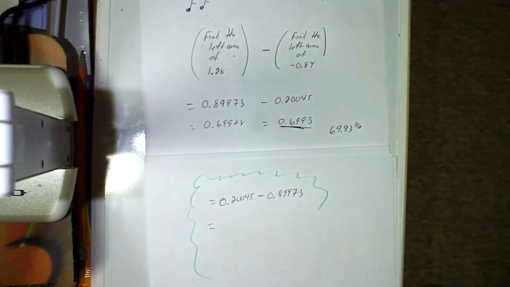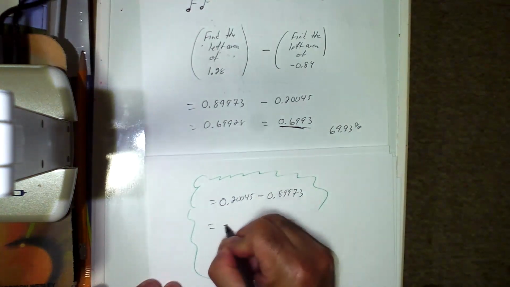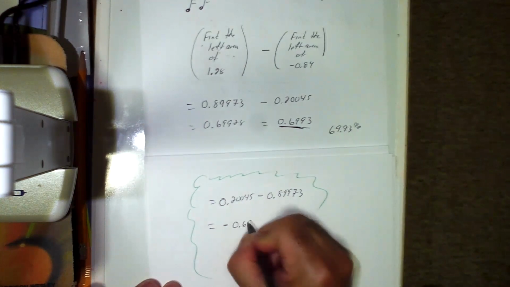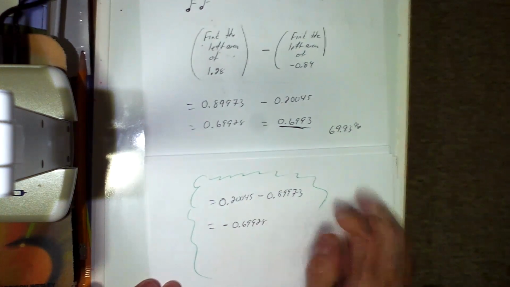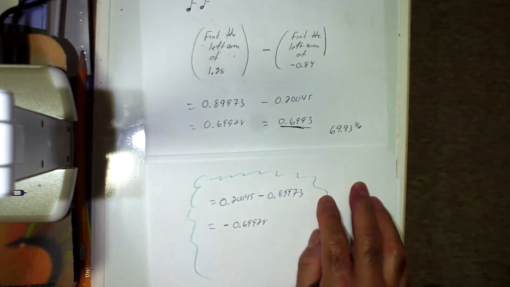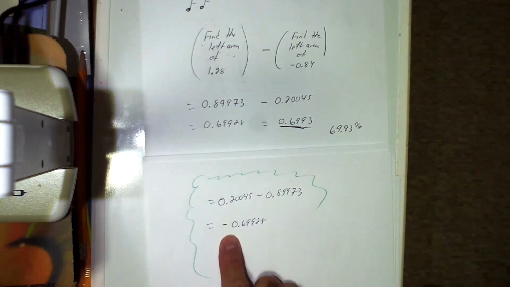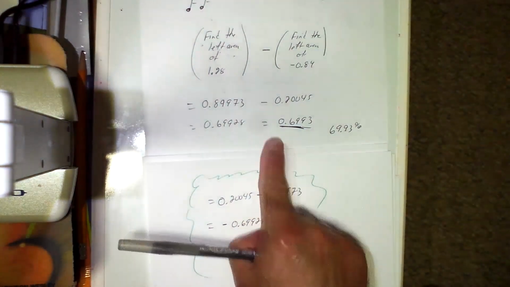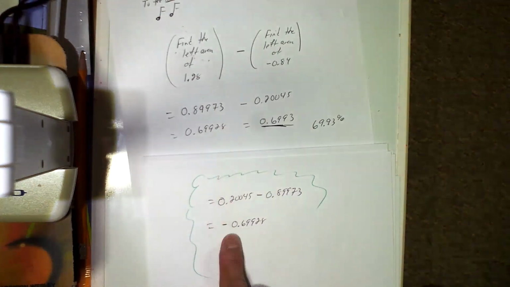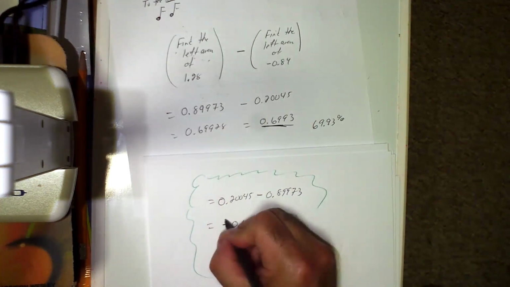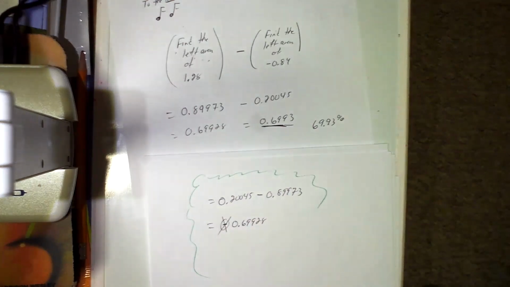If I did that, I end up getting negative 0.69928. Weird, huh? What happens if I get a negative? Well, look, they're the same numbers, but one's negative. So to fix it, all you have to do is take off the negative.